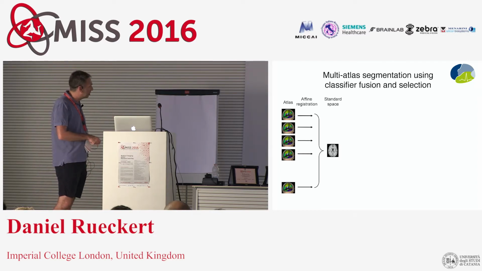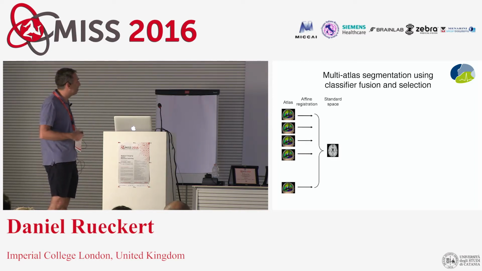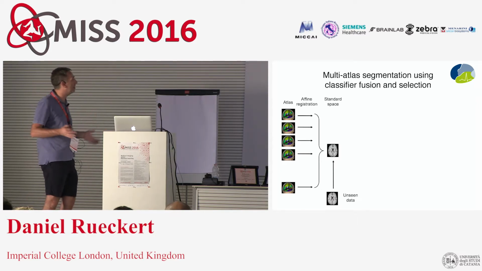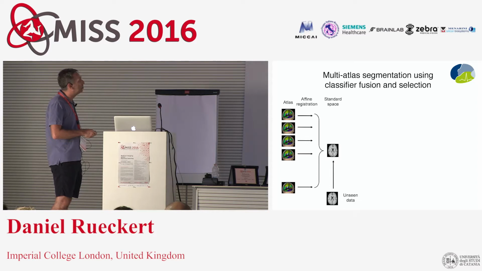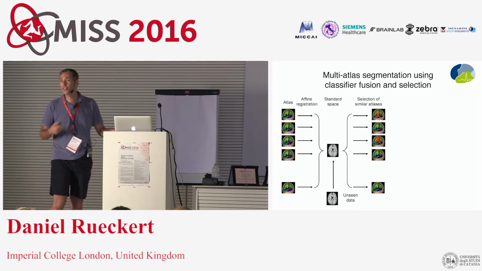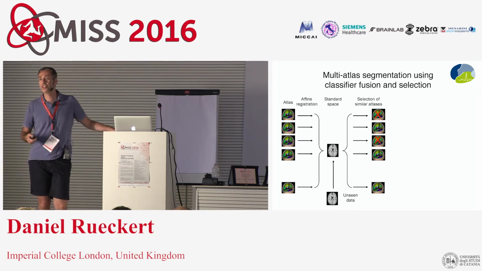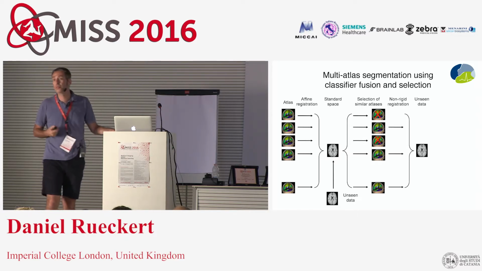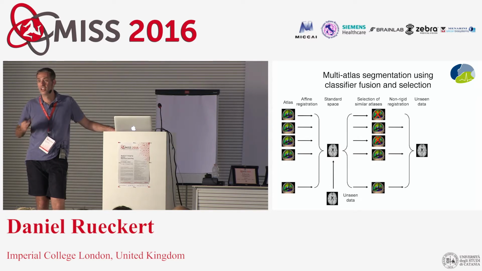And then I'm going to register also my unseen data to this standard space coordinate system. After I've done this affine coarse registration, I'm going to choose which of my images are similar to the image I'm trying to segment. And I'm only going to use those images which are very similar to the image I'm trying to segment. I'm going to register them very carefully using non-rigid registration, and I'm going to do my decision fusion here.